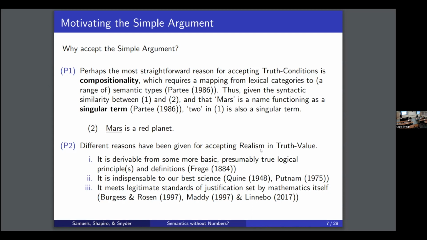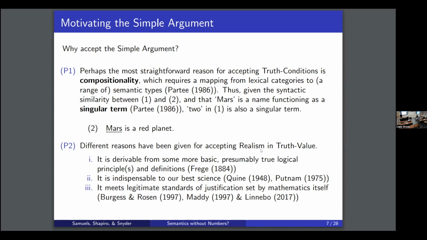The second one is known as the indispensability argument, very famously associated with Quine and Putnam. According to this justification, mathematical claims are true in virtue of being indispensable to our best science. You can't do science without acknowledging the truth of those sorts of claims. So the argument goes. A third kind of justification is that we don't need to justify mathematics on the basis of logic or our best science or whatever else philosophers might tell us.